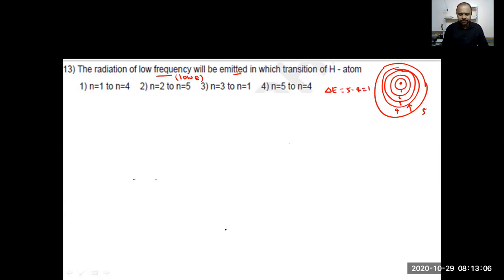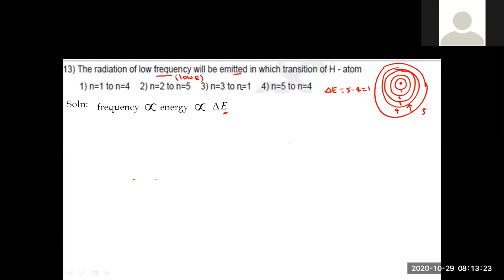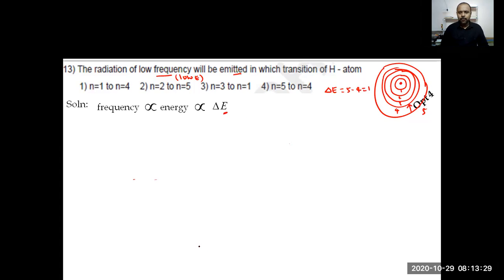So the frequency is nothing but the energy of the emitted radiation. That depends on the difference in energy of the levels where the electron transition takes place. So 5 and 4, the difference is only one energy level. 3 to 1, the difference is 2 energy levels. So obviously that is more energy and this is less energy. So option 4 is correct.